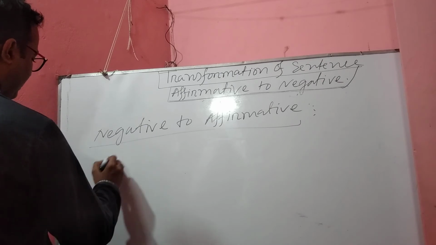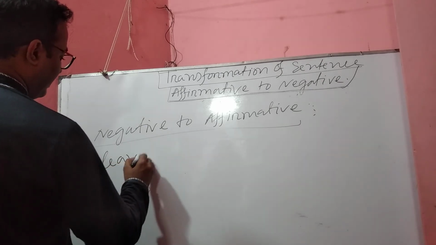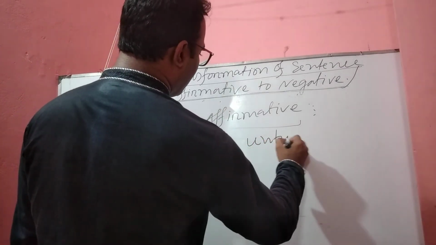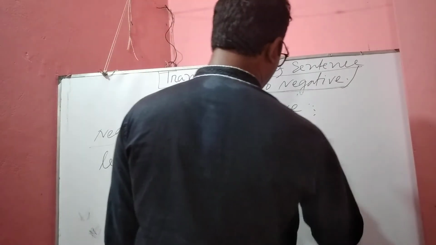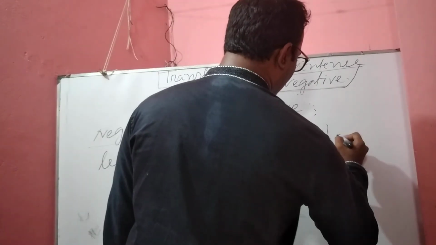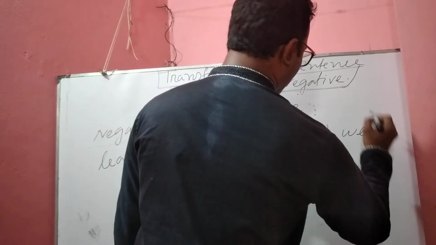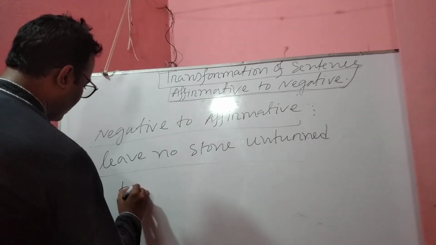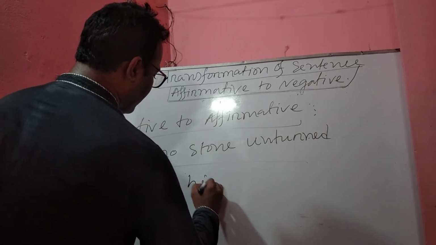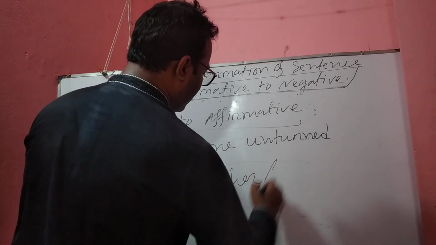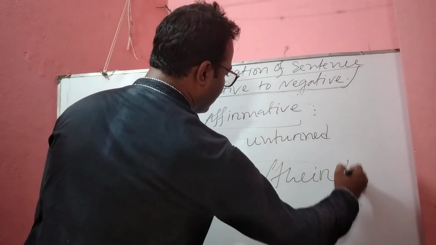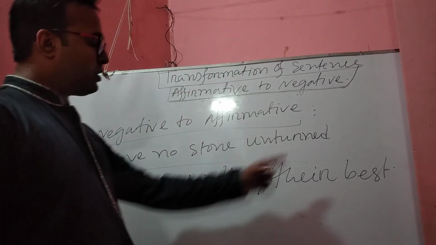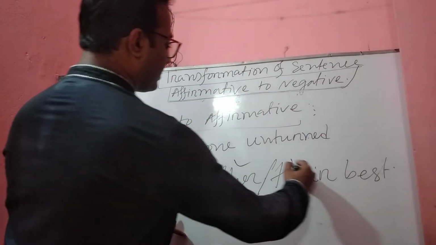If you find leave no stone unturned, we have to use try his, her, their best. That means here the possessive case of the subject. Possessive case of subject. Okay.